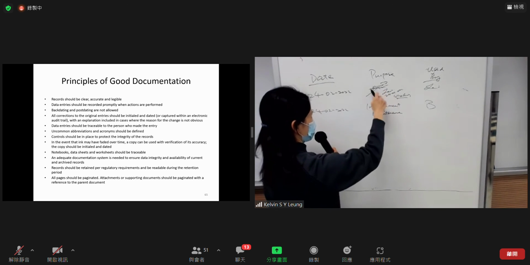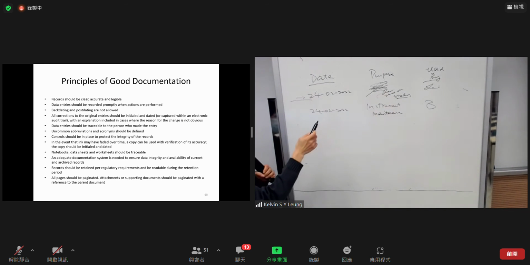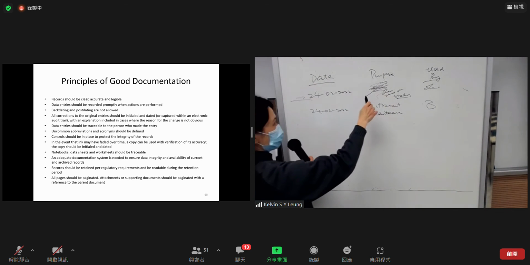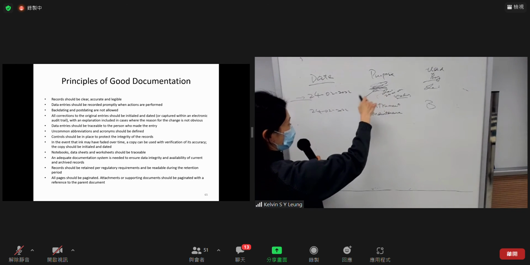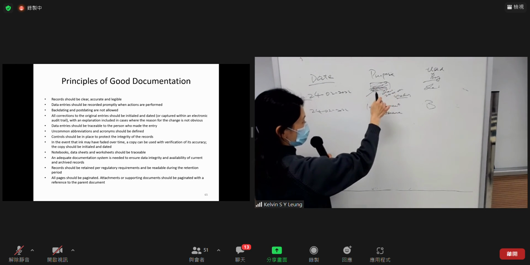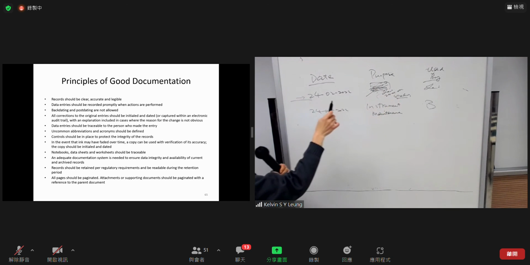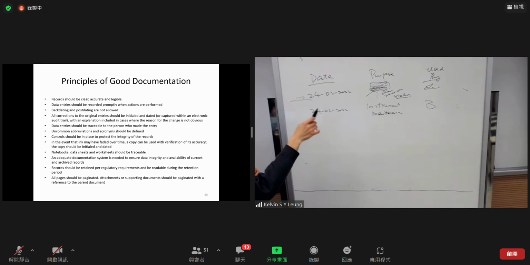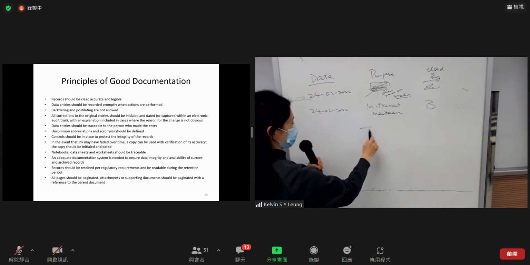Don't do it any other way. When you cross the line, the original wrong data or the wrong wordings should also be observed clearly, can be seen clearly. So don't cross it out like that.